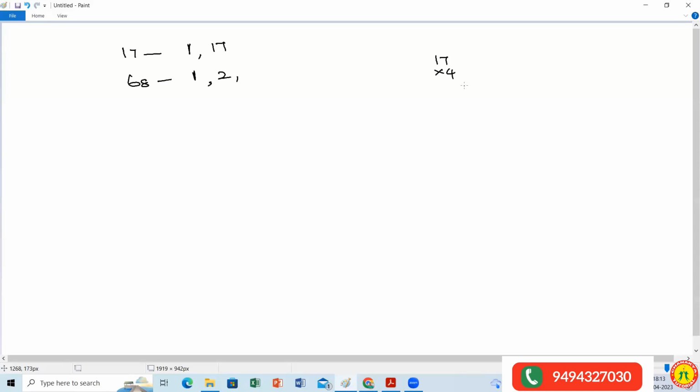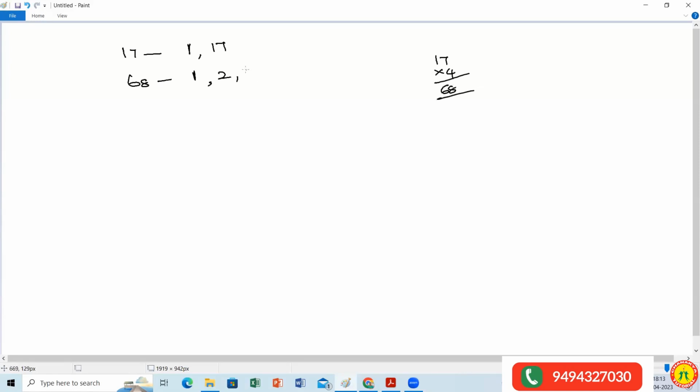I'll give punishment if you are saying wrong. What is the value of 17 fours? Ashwath, 68. Very good, 68.